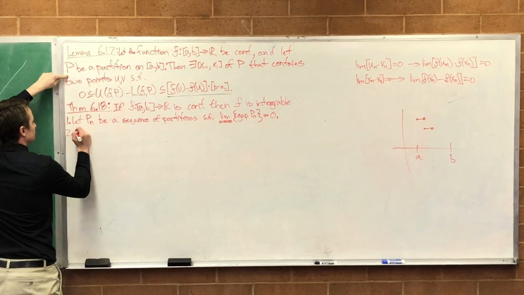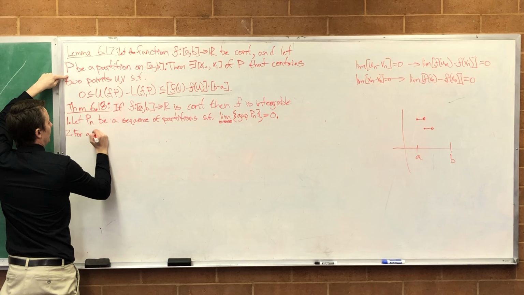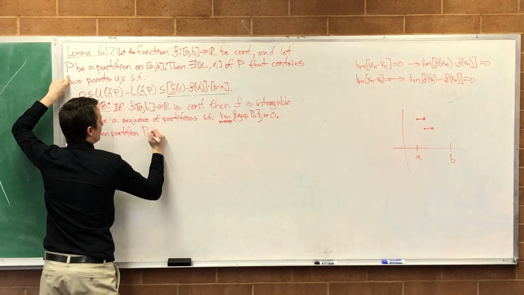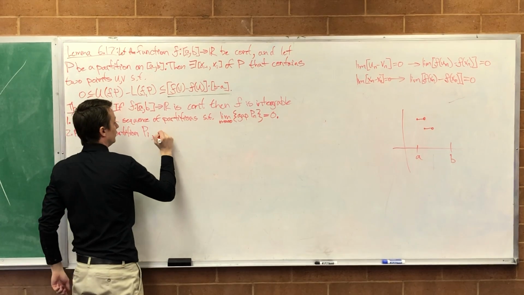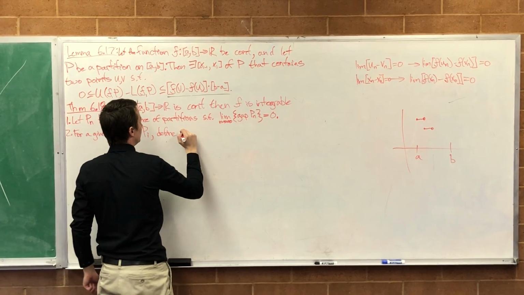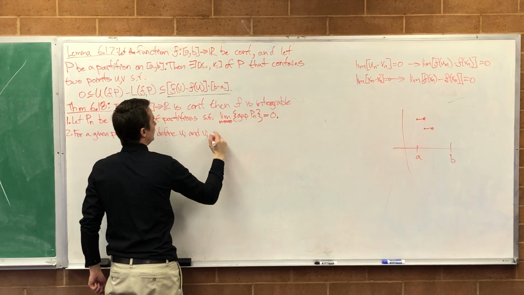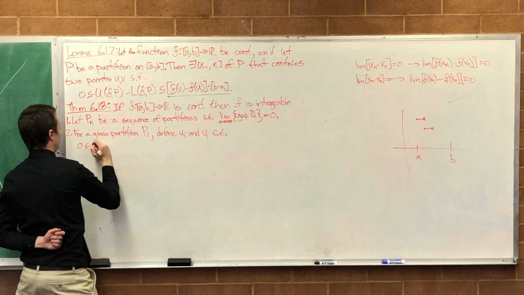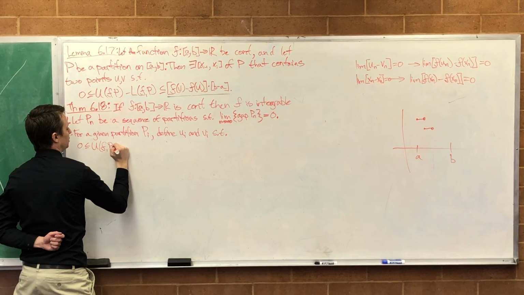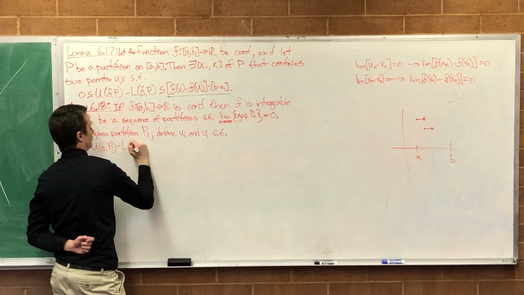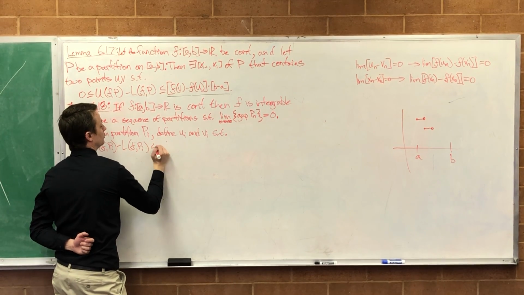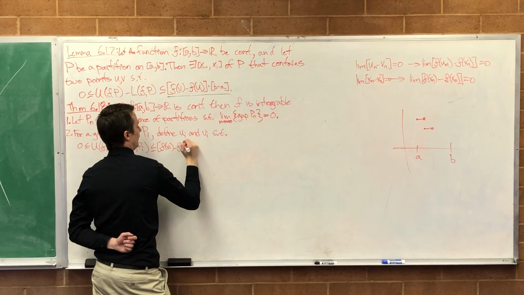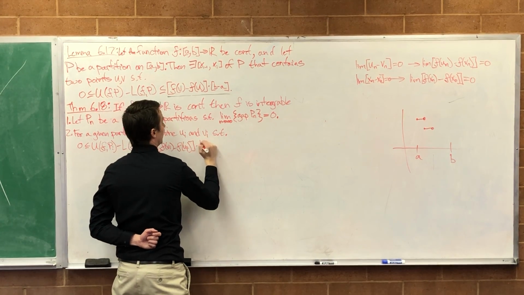Okay, so for a given partition, maybe we'll call it P sub I, define U sub I and V sub I such that this holds, such that 0 is less than or equal to the upper Darboux sum of f when we plug in that P sub I, minus the lower Darboux sum of f when we plug in that P sub I, which is less than or equal to f of V sub I minus f of U sub I times b minus a.